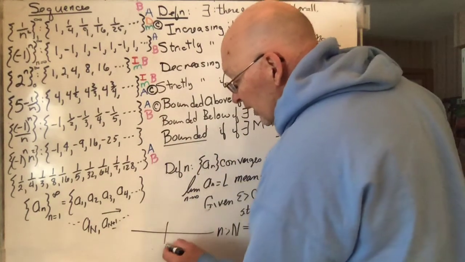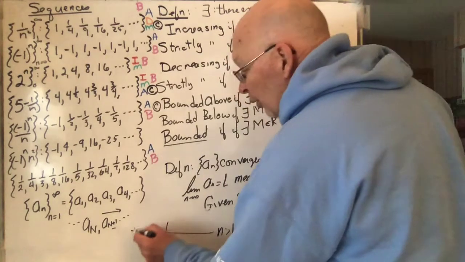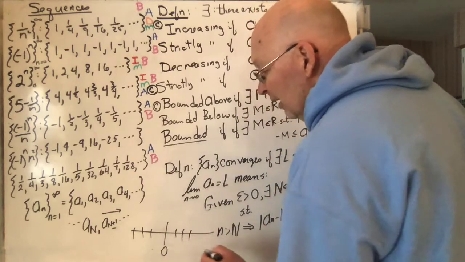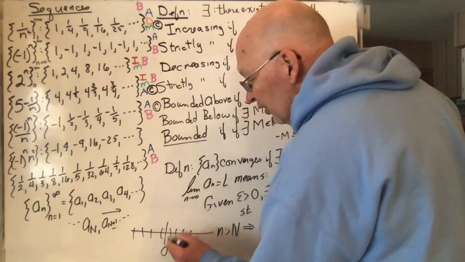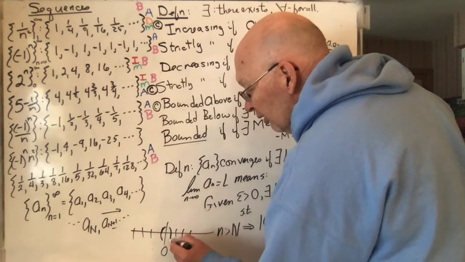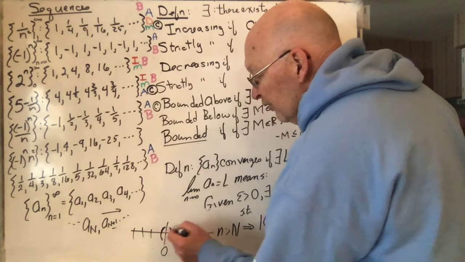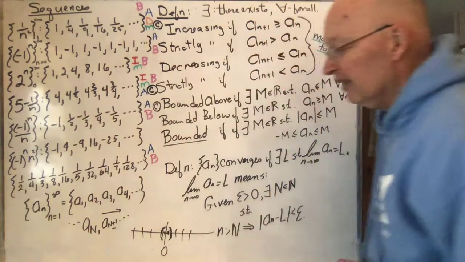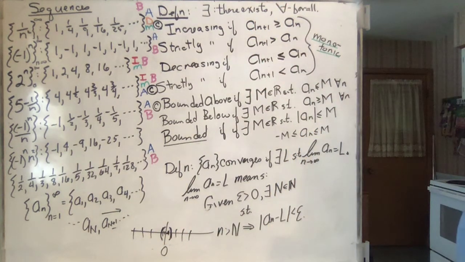Here's 0 right here. What are these doing? They're bouncing back and forth like this. See that? Do they converge to 0? Sure enough. You give me any little interval around 0, and eventually all those terms are going to be inside there, never to come back out again.